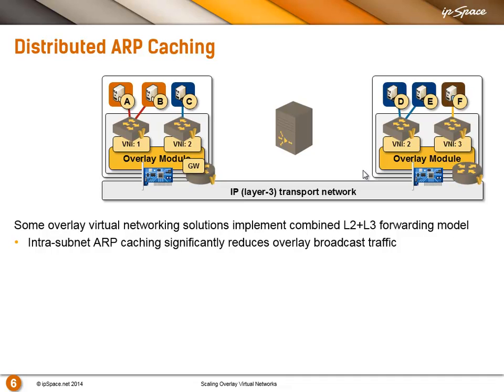But if you're doing a mixed layer 2 and layer 3 forwarding model, so if you're implementing the traditional network architecture with, in double quotes, VLANs or subnets and then inter-subnet distributed forwarding, then maybe you can reduce the amount of flooding inside a subnet by intercepting ARP requests and caching ARP replies. This is how a typical solution would work.